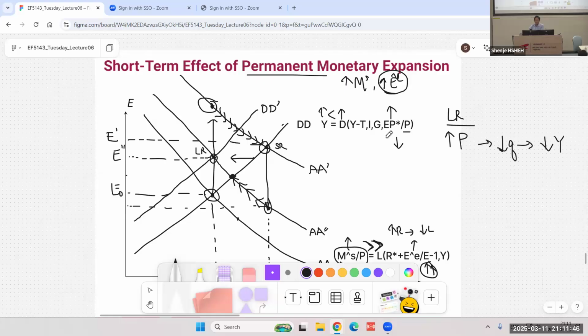Meaning that however inflation evolves determines how E evolves, right? Pi E minus pi E star.